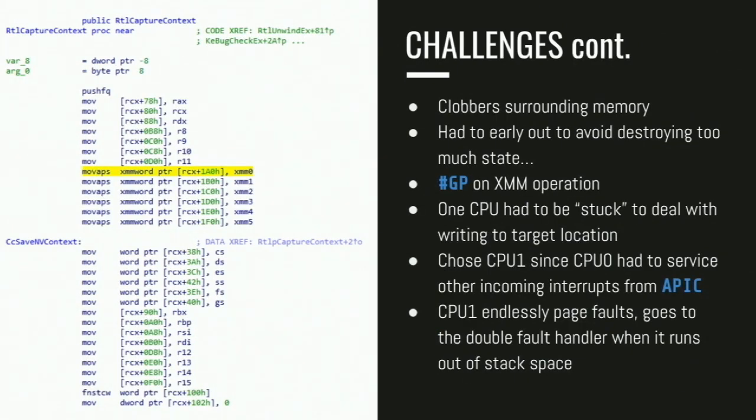And in the actual function that it calls, you can see RtlCaptureContext. You see that it ends up writing data. And if you look carefully, all the instructions before the yellow highlight write data to a pointer that we put in. So RAX, RCX, RDX, R8, R9, R10.